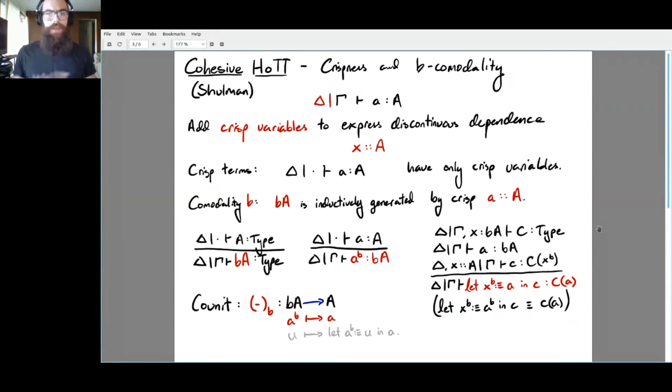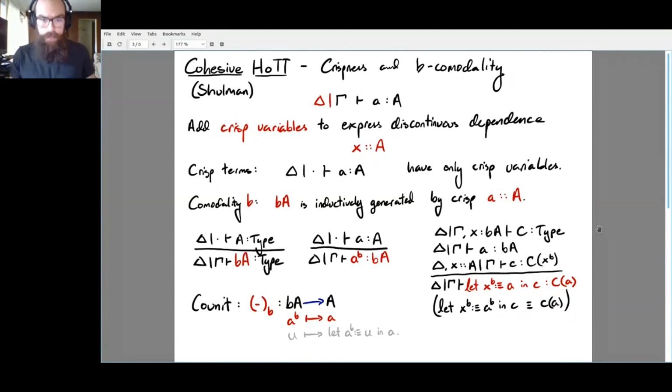And one thing I want to note is that this part comes to the left of the usual part. What that means is that while continuous variables can have types that are crisp, crisp variables can only have types that are also crisp, that also only involve crisp variables. So a crisp term is a term which exists in a totally crisp context.